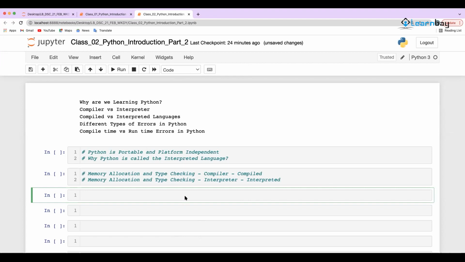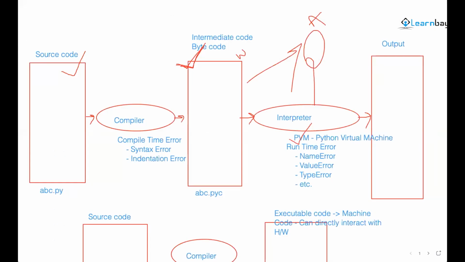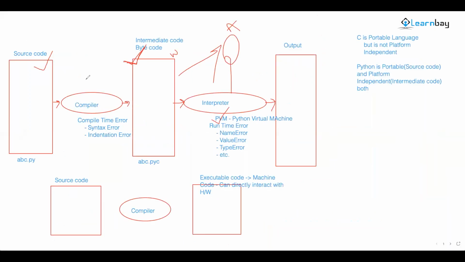We have seen yesterday how the compiler works. Can anyone tell me, how does the compiler work? The compiler will take the entire source code at once, execute it, and then give intermediate bytecode. And how does the interpreter work? The interpreter will take code line by line.